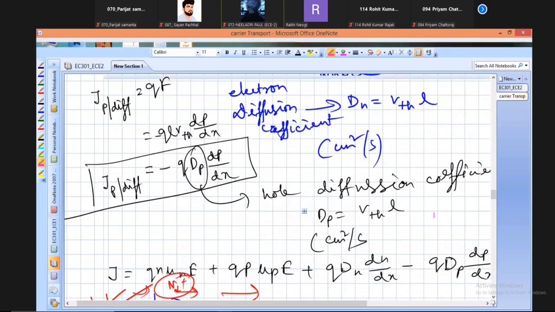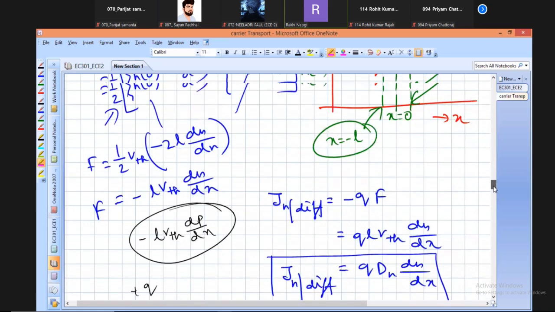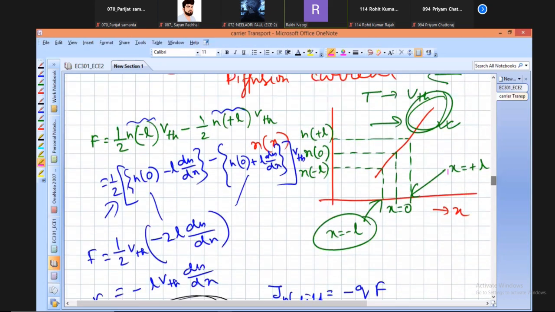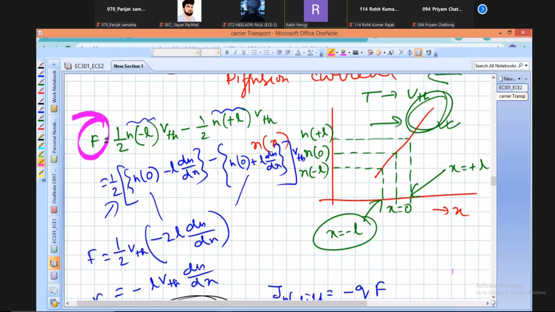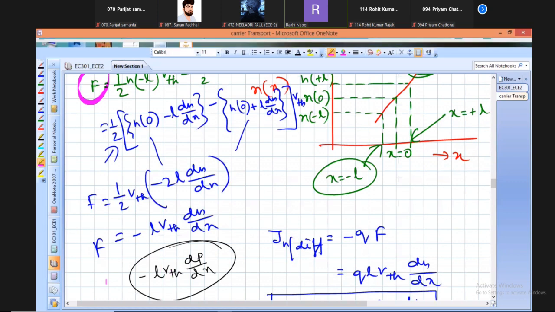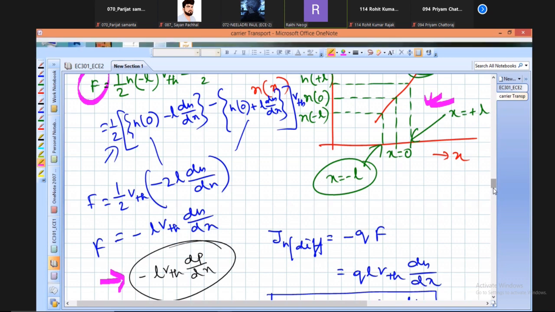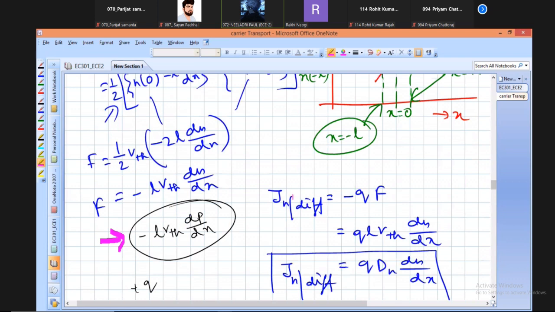What I told you is that in this case, whenever I calculated the net rate of electron flow, which I defined by S, for holes this will be the same. Same means the same configuration, that is, it will be minus D_p dp/dx considering the same profile. Up to this there is no problem. Now this is the net flow of electrons.